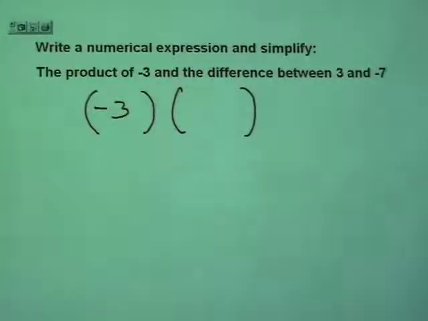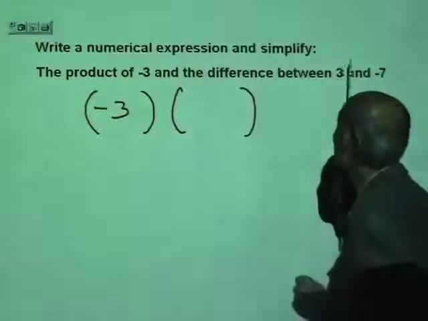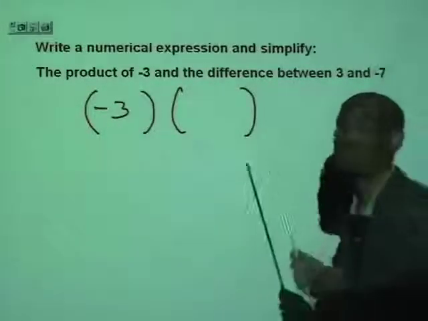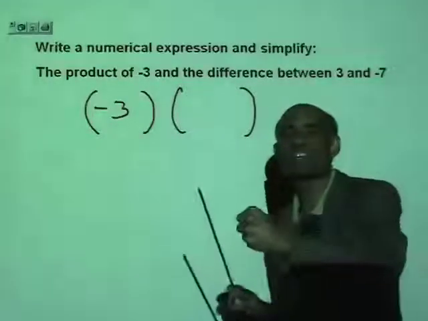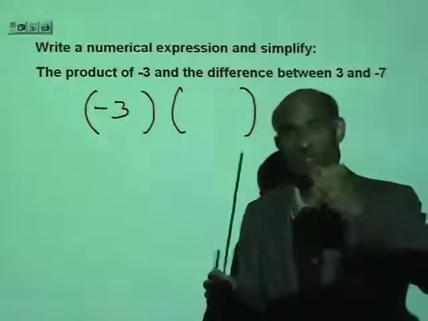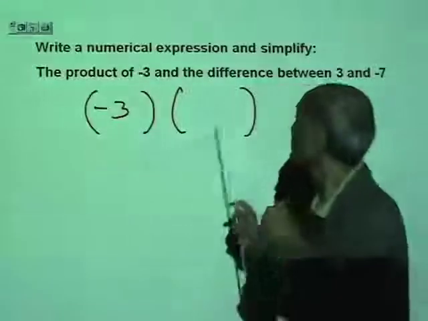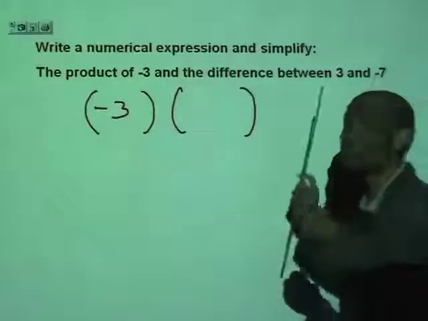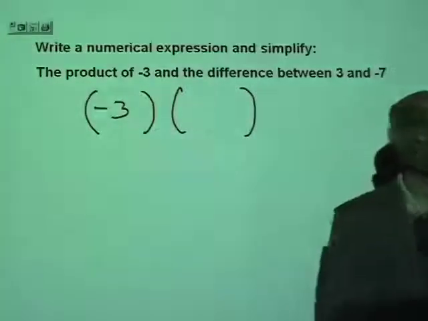And what else? What must be inside here? The difference between 3 and -7. What is the difference between 3 and -7? The difference between two numbers is the first number minus the second number. The difference between 3 and -7 is 3 minus -7.